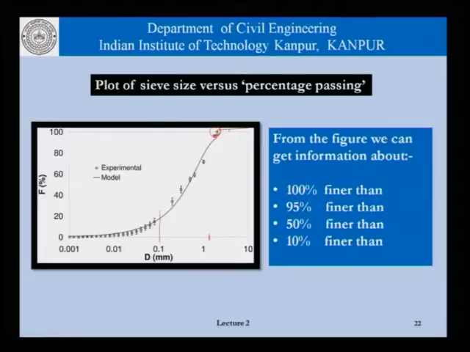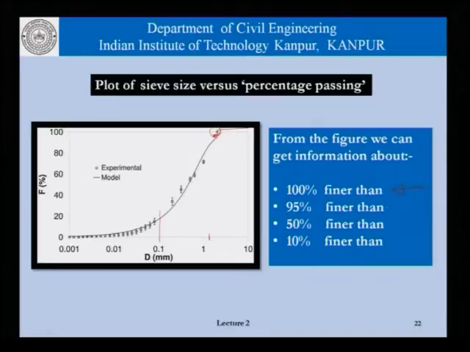So, this kind of a representation of the percentage finer than versus the sieve size can be used to get information about 100% finer than what number, 95% finer than what number, 50% finer than what number, 10% finer than what number, and so on.